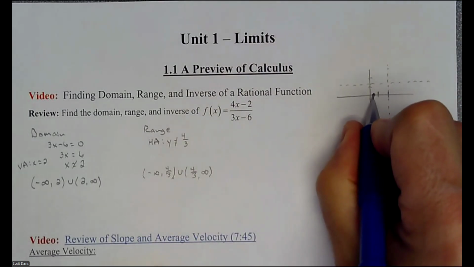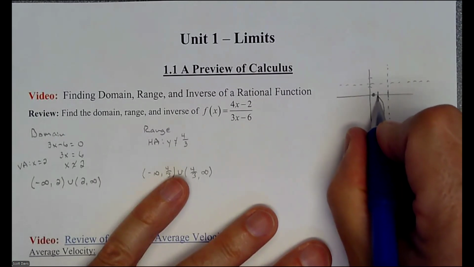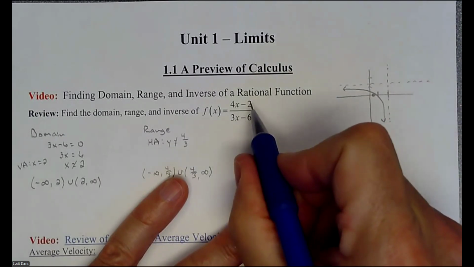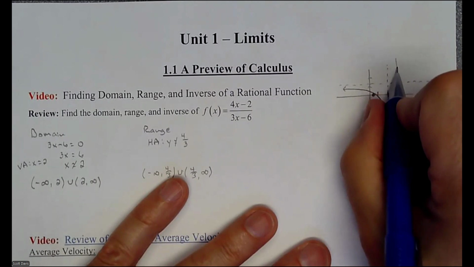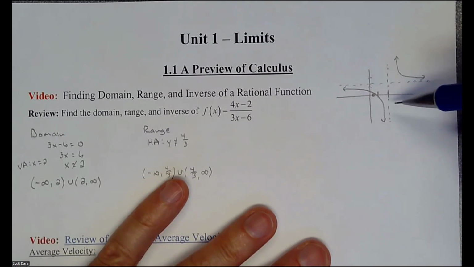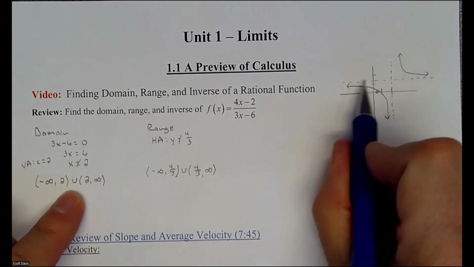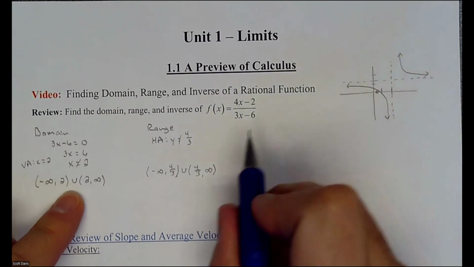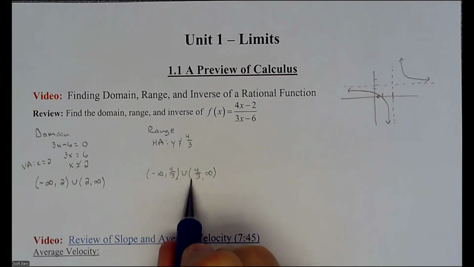So we have an x-intercept at 1/2, which tells us this chunk of the rational is in this section, and since we don't have a second x-intercept, the other chunk has to be above. This x value gets kicked out because it's a vertical asymptote, so we kick it out of the domain. And the graph levels off at 4/3 but never crosses it, so we have a range issue at 4/3, and we kick it out.